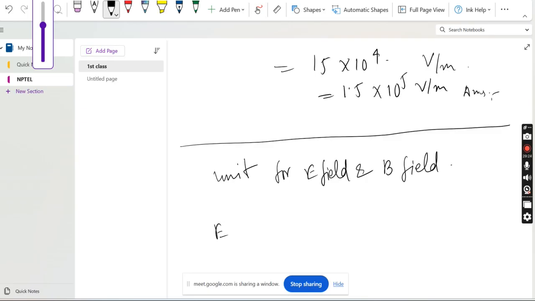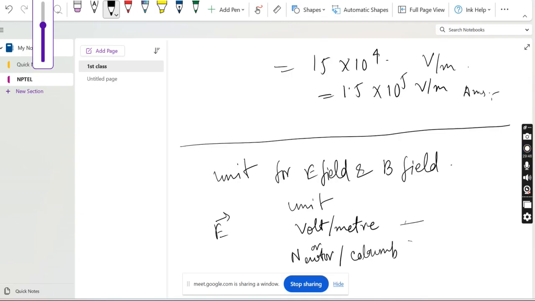For electric field, the unit is volt per meter or Newton per coulomb. They are both the same, and the dimension for this quantity is basically M L I to the power minus 1 T to the power minus 3.